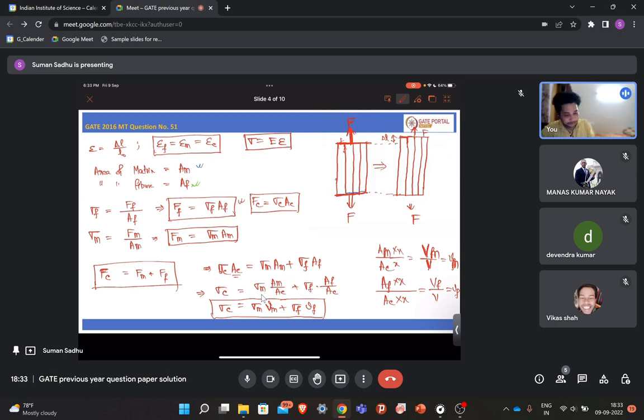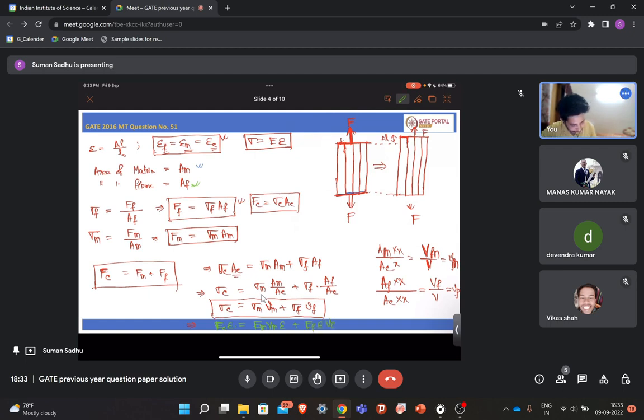So here epsilon is same for the fiber, for the matrix and for the composite. So now you can write sigma_c as E_c into epsilon, equal to E_m V_m into epsilon plus E_f epsilon into V_f.